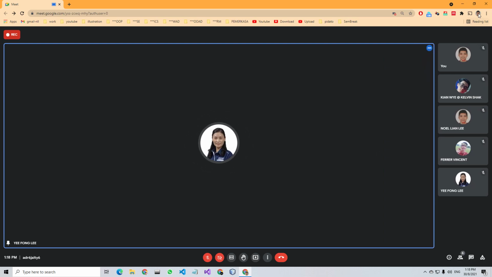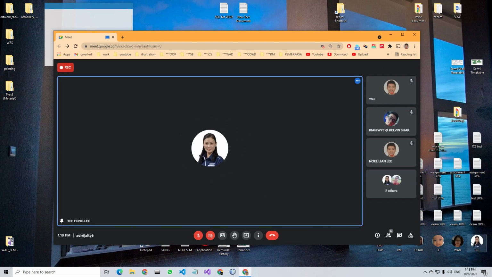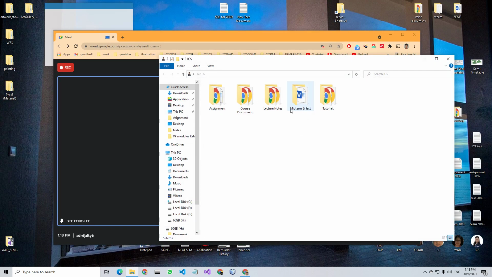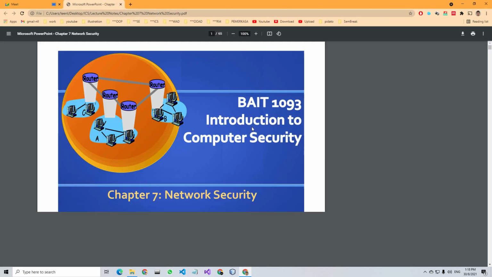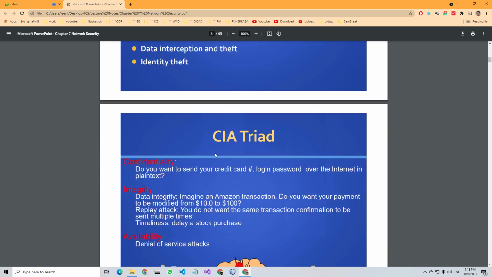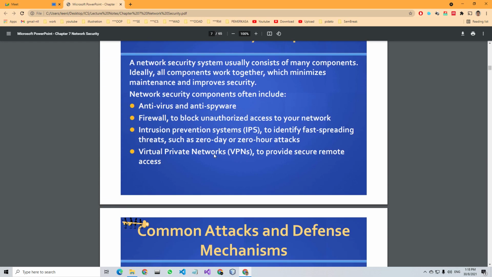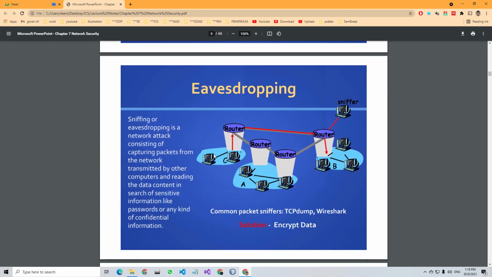Eavesdropping, sometimes we call it sniffing or snooping. They have the same meaning. They rely on unsecure network communication to access data in transit between devices.